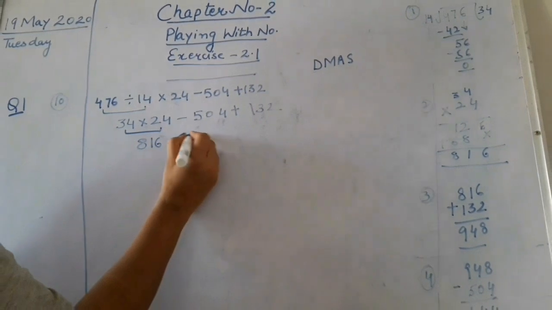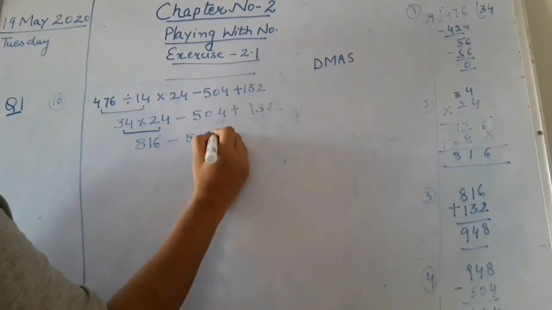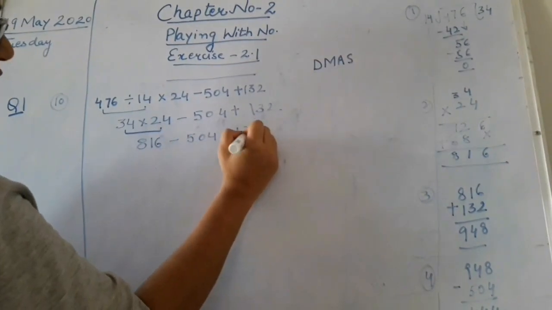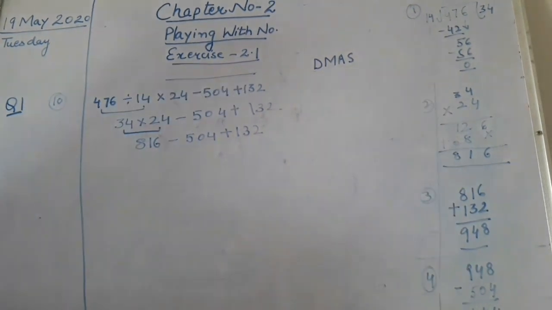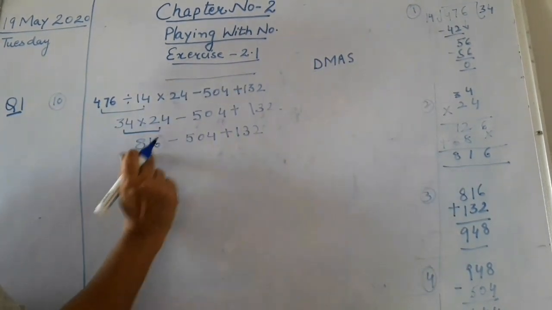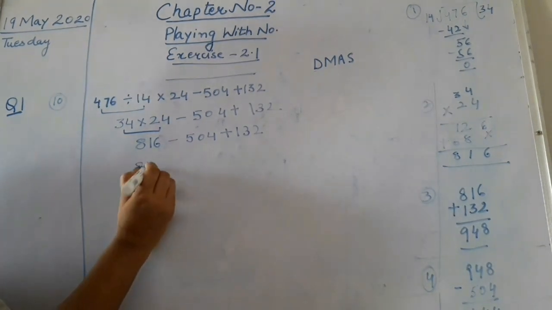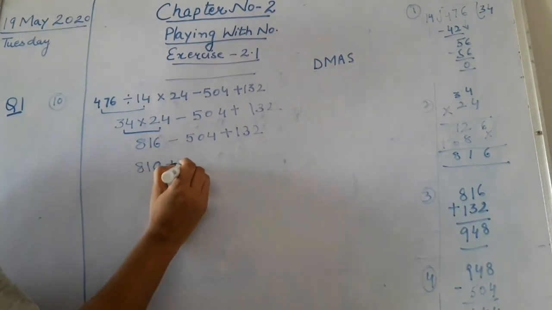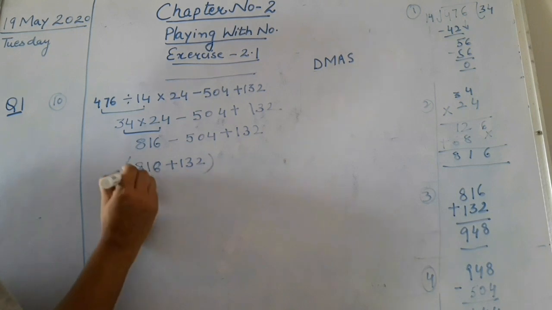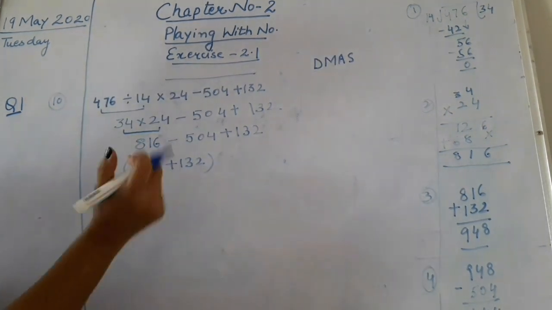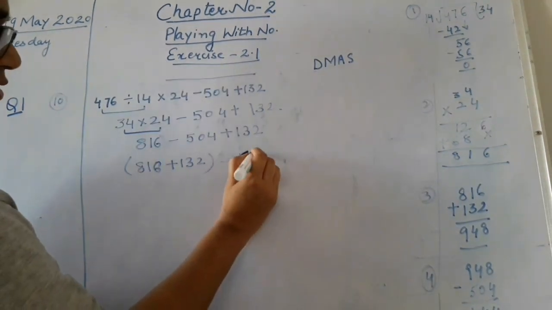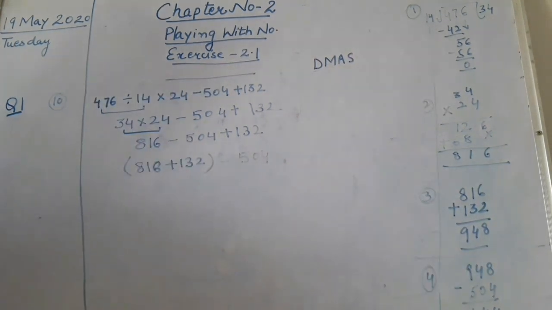Now again after writing 816 I will copy my above statement as it is, and then I will do the addition. After multiplication I have to do the addition, so I put the adding terms on one side and the subtracting terms on the other side, right?